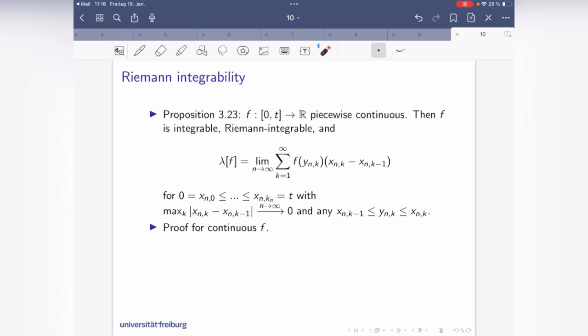So we can find simple functions which approximate the function f from below and from above. And then get exactly the same as in the Riemann integral case. So there's a deep connection here between the Riemann and Lebesgue integral, which we can use because they coincide.